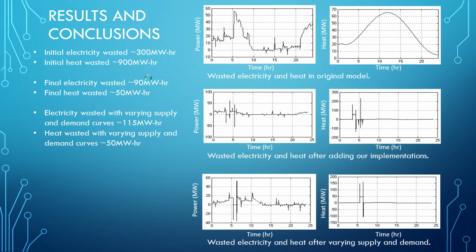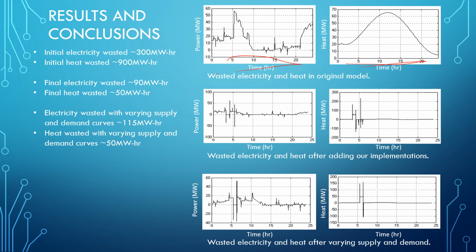With those implementations, these are the results that we were able to achieve. As Logan mentioned before, with the original model, in order to meet our demand, we had significant amounts of energy wasted. We had around 300 megawatt hours of electricity wasted and around 900 megawatt hours of heat wasted.